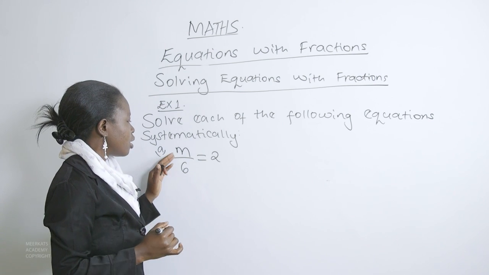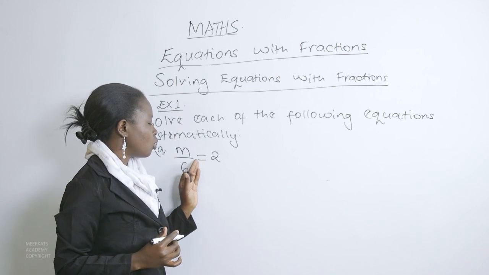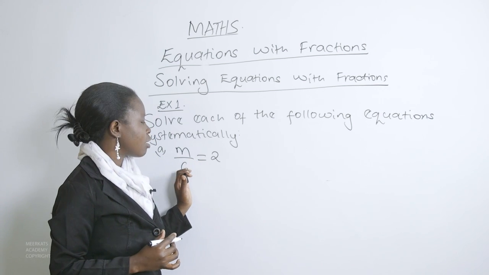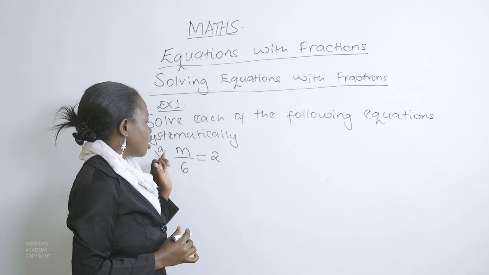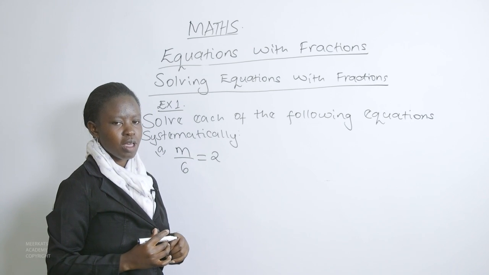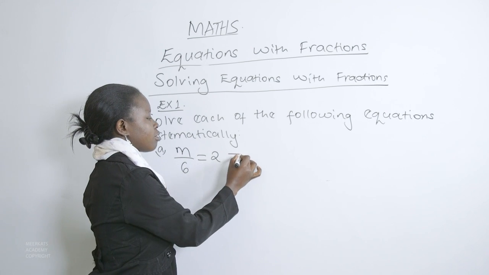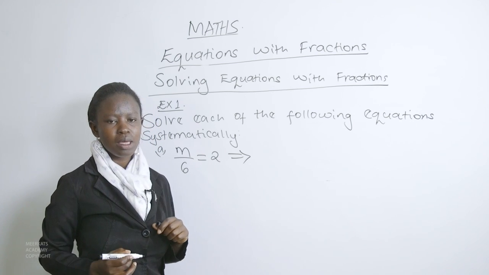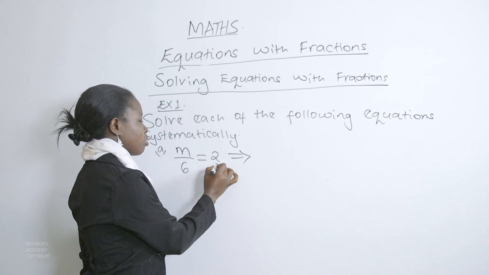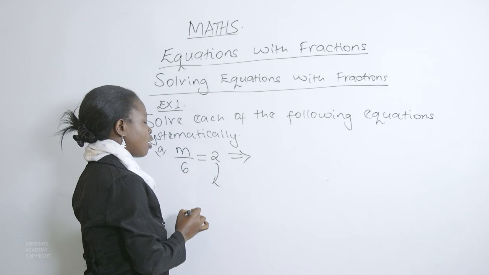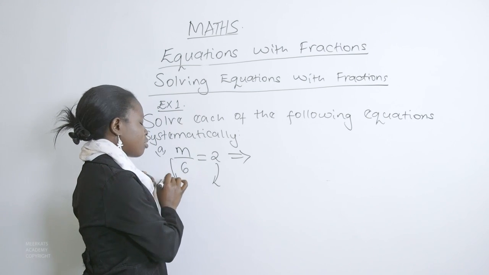So we have m divided by 6 is equal to 2. For us to get the value of m, we multiply by 6 on both sides. So the first step is multiplication by 6.